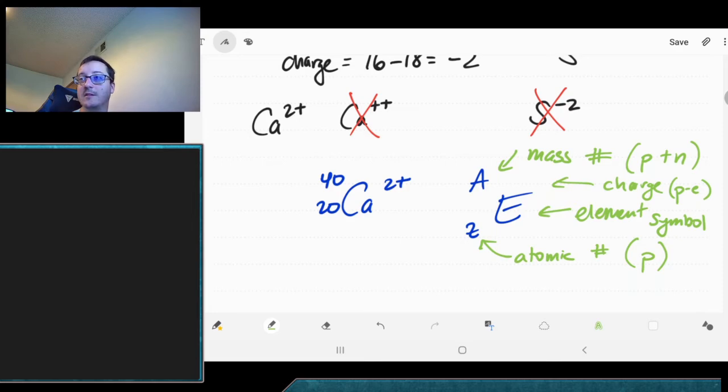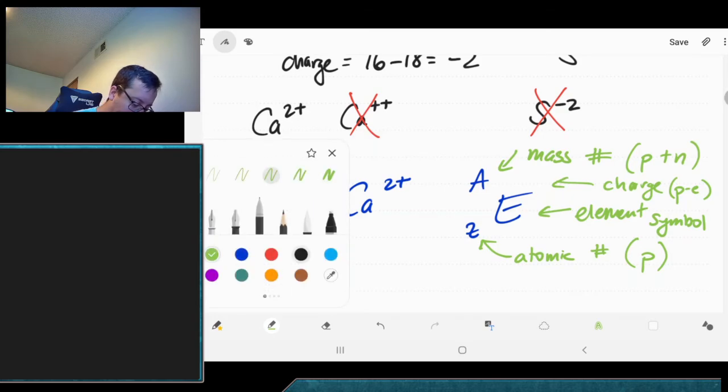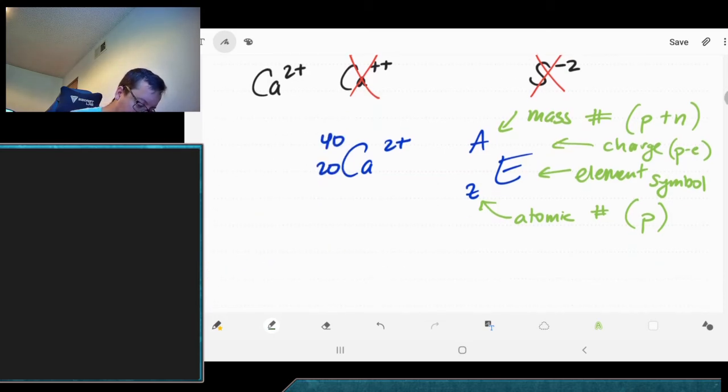So, all this information we can get from this. Let's see, with this example of calcium 2+, let's see if we can figure out what all the subatomic particles are going to be for this substance. If I give you a symbol like this, we can figure out what those particles are going to be.